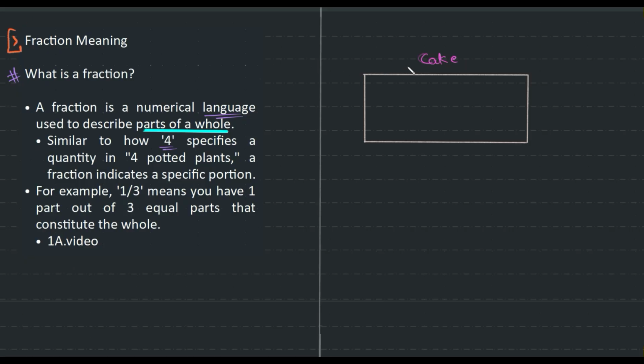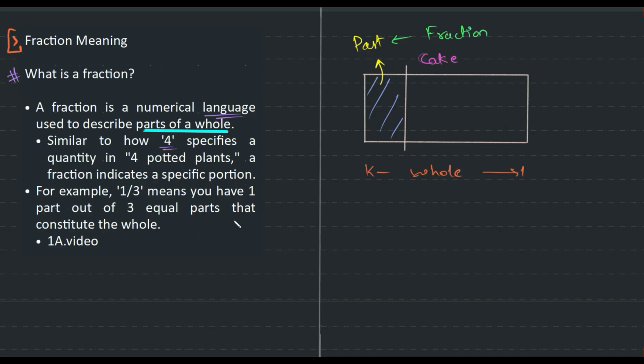We happen to get this much of cake, and you happen to get this much of the cake. So this is the entire thing, the whole from here till here, but you got to eat part of it. So when we have to talk about this part, we use fractions. That's the whole idea.